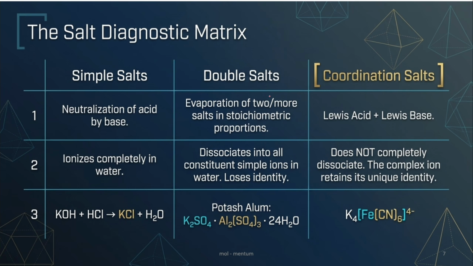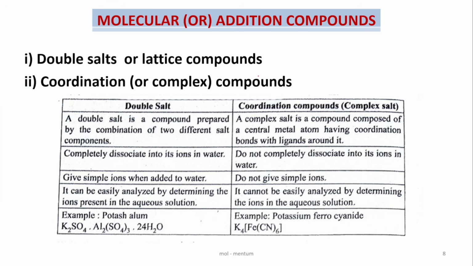Similarly, we have another example of double salt. So let us cover the double salt first. The difference between this double salt and this coordination compound is that a double salt is a combination of two salts, like we have potash alum, what we call fitkiri, or we have Mohr salt.